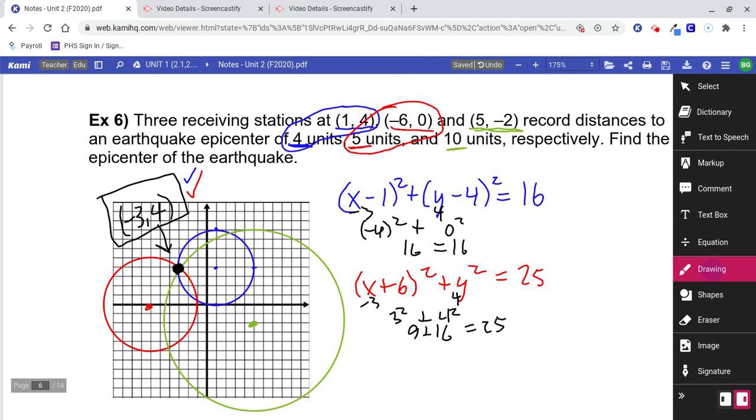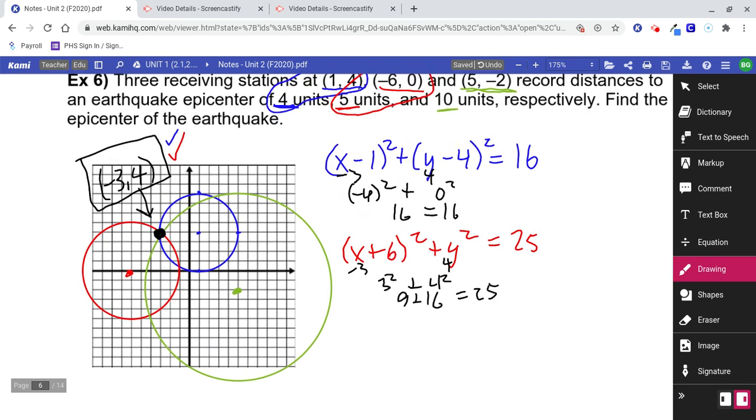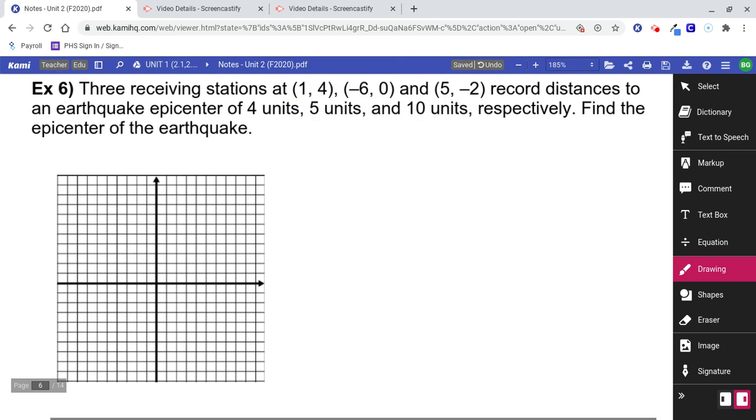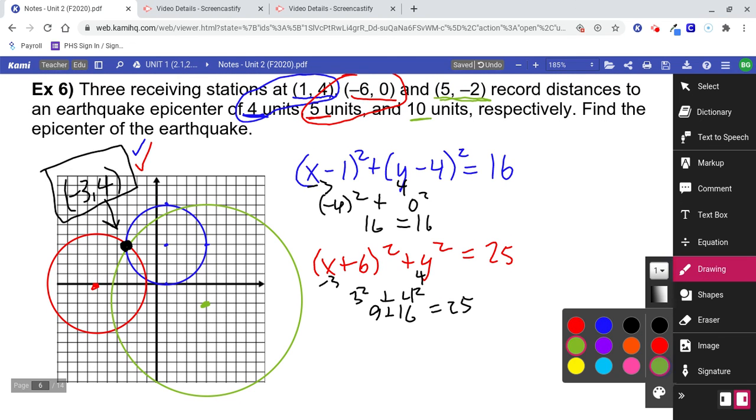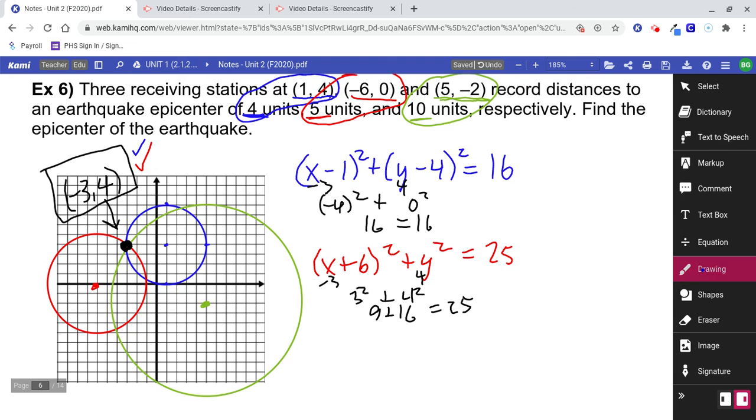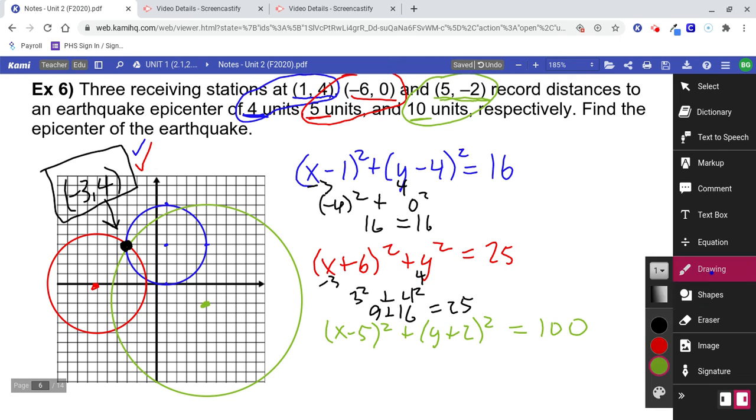So now guess what? We're going to do the same thing for the green one. Let's see if that point is on the green circle. So we would have (x minus 5) squared plus (y plus 2) squared equals 10 squared, which is 100. And plug in that point, (-3, 4). -3 minus 5 is -8.